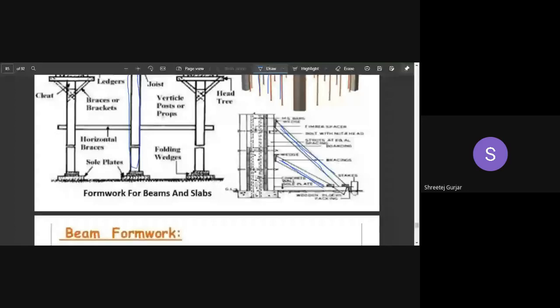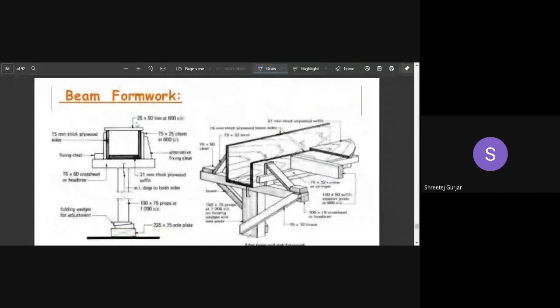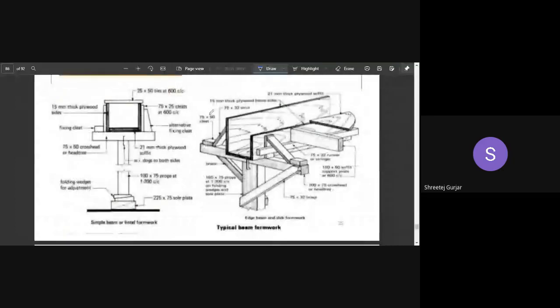Now, you can see an example of a beam formwork. This is one single board, and for this board we need some supports. We have to provide some battens. This is a batten.